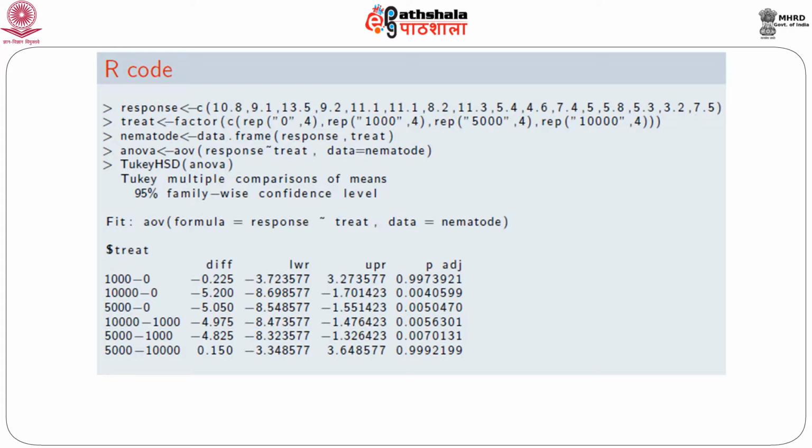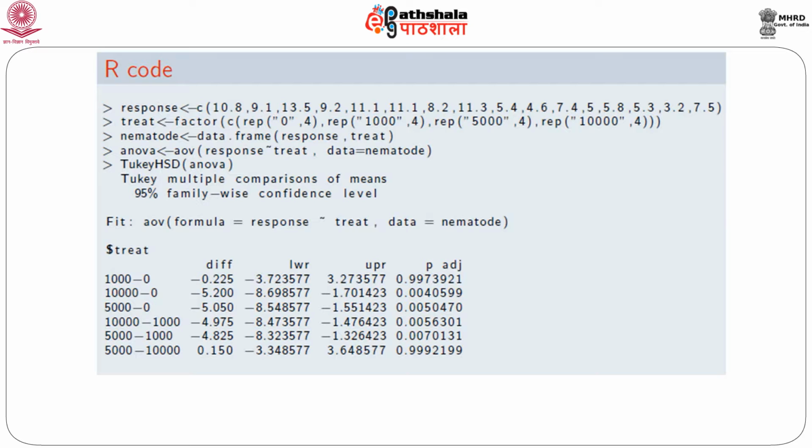Now that we have created the data set, it is time to perform analysis of variance, and we already know that the function to compute analysis of variance in R is called aov. So, we give the command anova assigned aov(response tilde treat, data equals nematode).